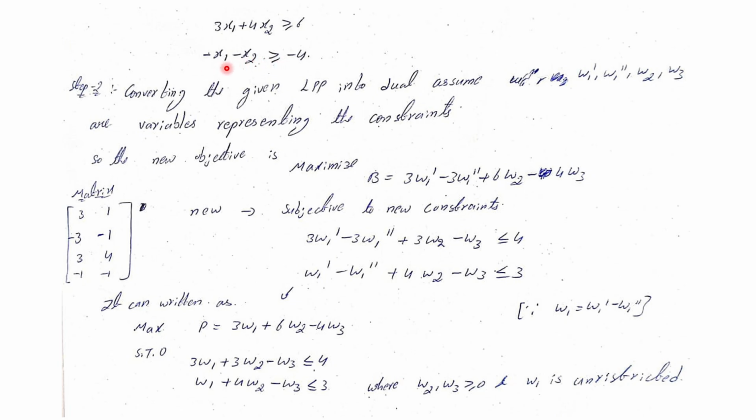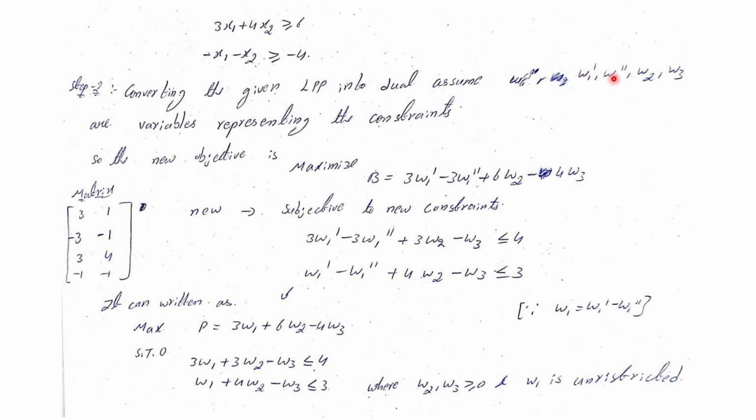For that we multiply by minus on both sides, then we get minus x1 minus x2 greater than or equal to minus 4, and the next step is we have to assume the new variables w1 dash, w1 double dash, w2 and w3.